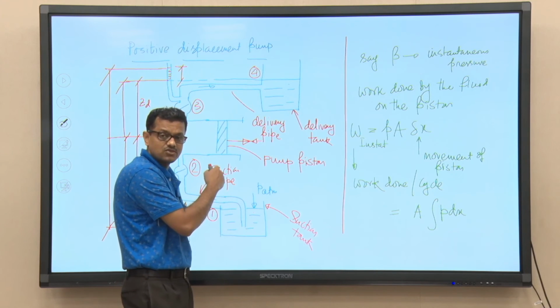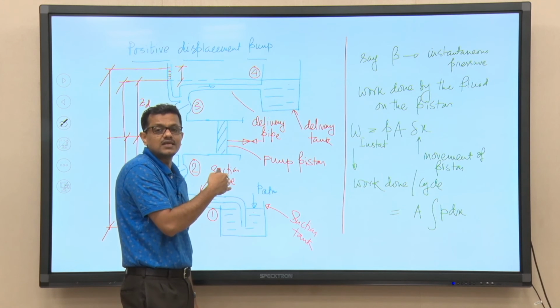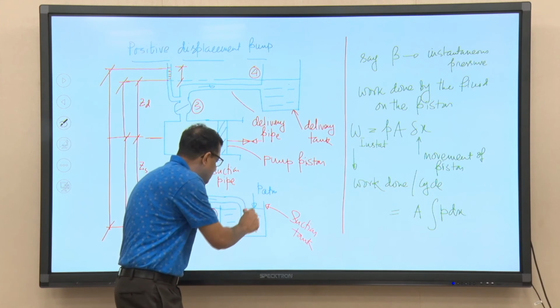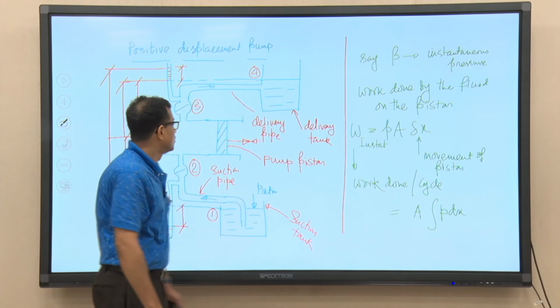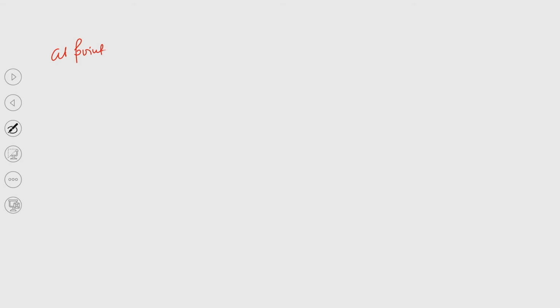So, which energy allows liquid to flow from the suction tank to the suction pipe? You have studied this in fluid mechanics. So, at point 1, I am writing the energy of the flowing fluid.